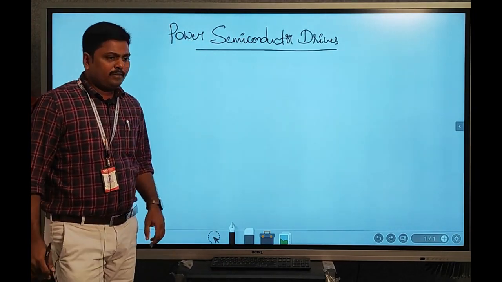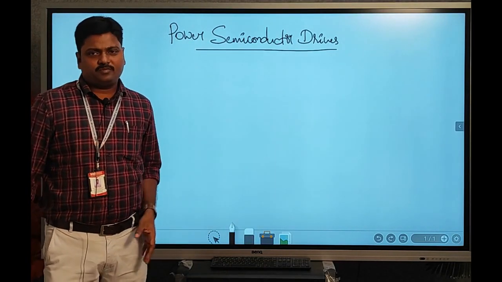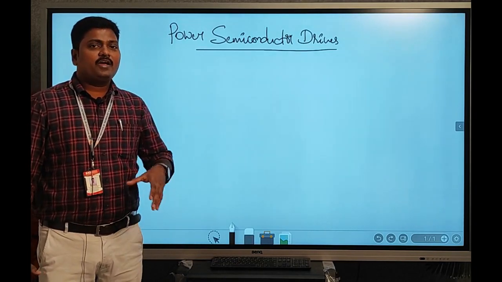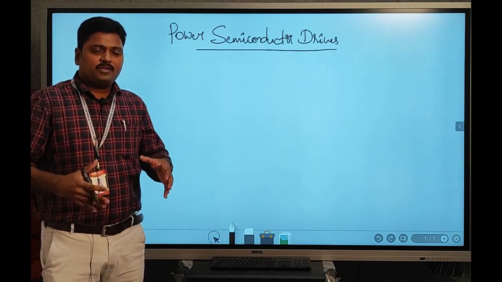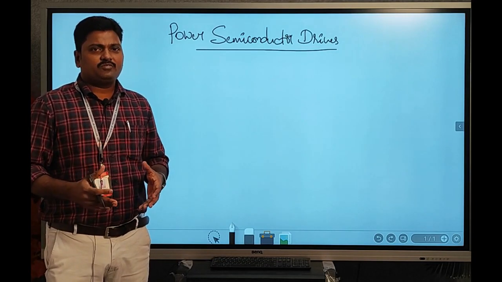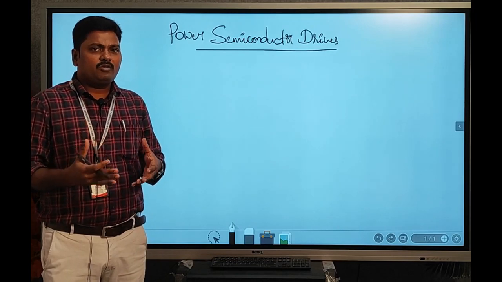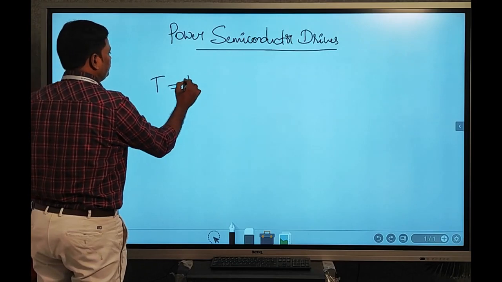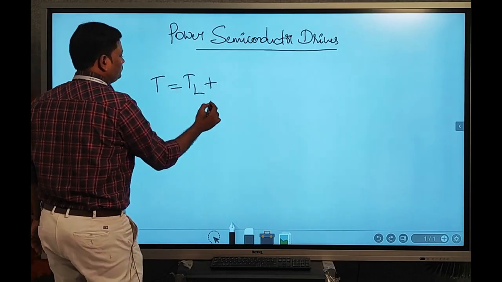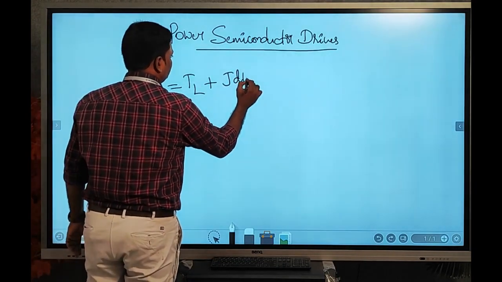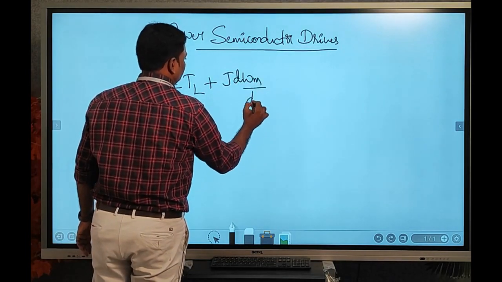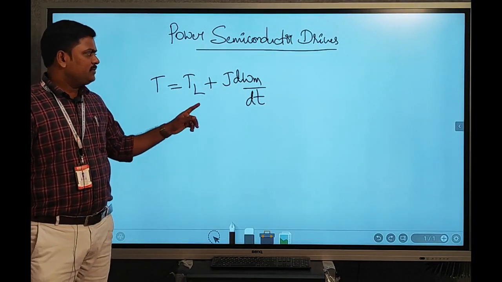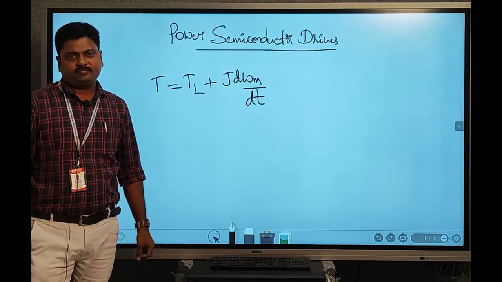So every motor load system is derived from a basic torque equation, which I can call the fundamental torque equation, given by T equal to TL plus J d omega by dt.